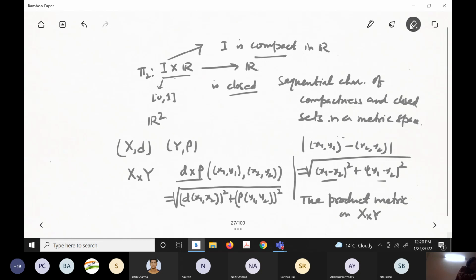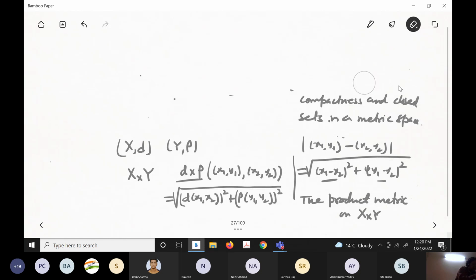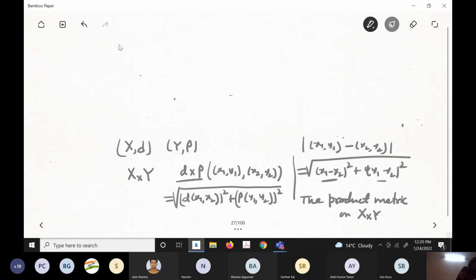Now you can see why it is called the product metric, because this will give you the topology tau D and this will give you tau rho.